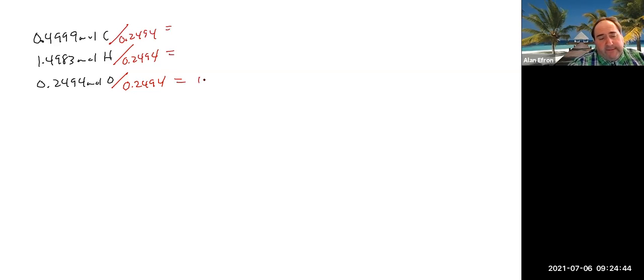That yields a 1 for oxygen, about a 2 for carbon, and for hydrogen in the middle, a 6. We have now hit all whole numbers, which means our empirical formula is C2H6O.